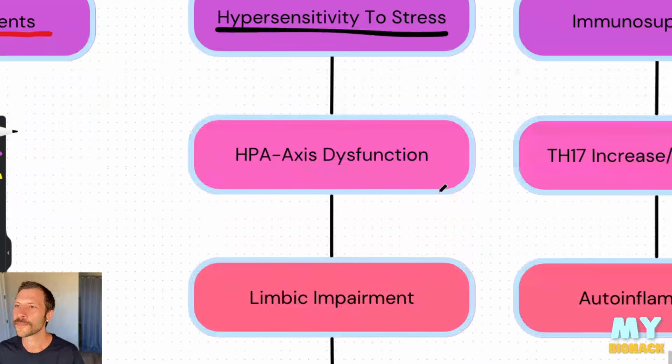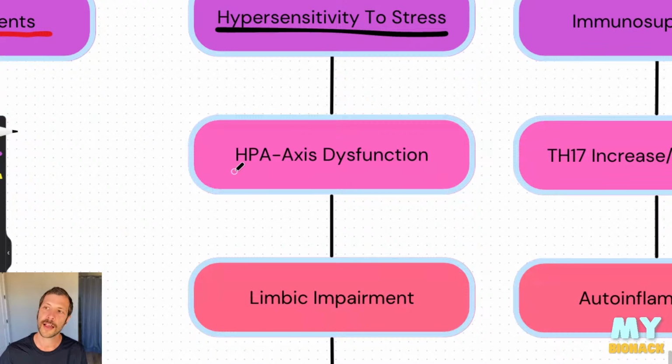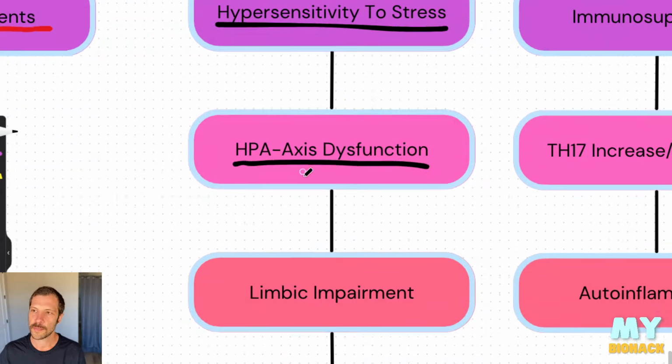Whatever, right? That makes your hypothalamus and pituitary adrenal axis go out of whack, producing a lot of corticotropin releasing hormone, cortisol feeds back. It's a positive feedback loop.